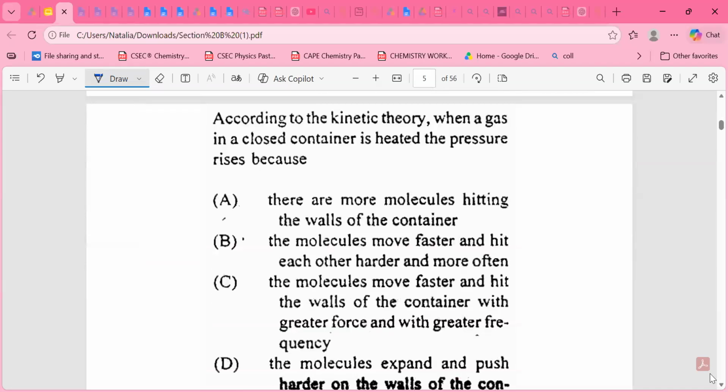According to the kinetic theory, when a gas in a closed container is heated, the pressure rises. Same question. What's the answer? The molecules move faster and hit the walls of the container with greater force and greater frequency.